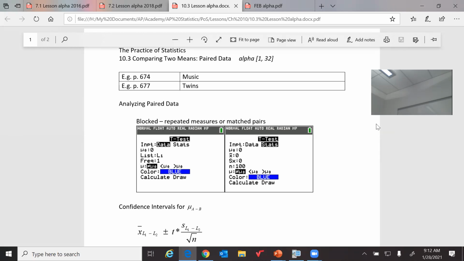Well, in 10.2, we used stat test 4 and stat test 0. Stat test 4 was the 2 sample t-test where we used 2 lists. And stat test 0 was the 2 sample t interval. And now we're doing stat test 2 because we only have 1 list, the list of differences.